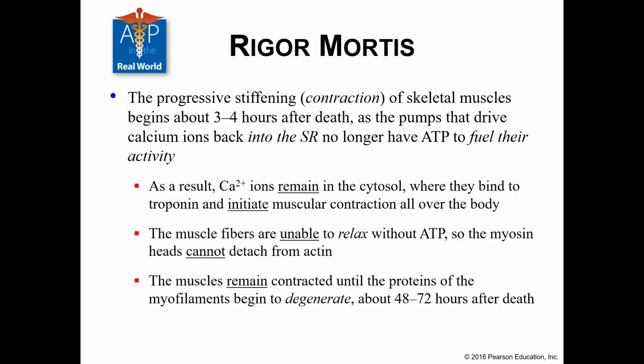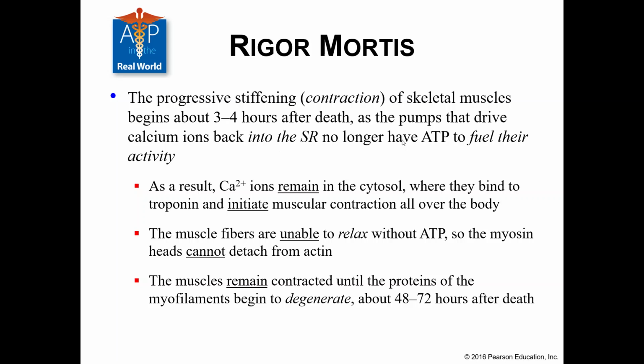Now, when you die, everybody's heard of rigor mortis. Your body gets stiff when you die because you are in a constant state of contraction. This happens anywhere between about 3 and 4 hours after your death. Why? What's going on?